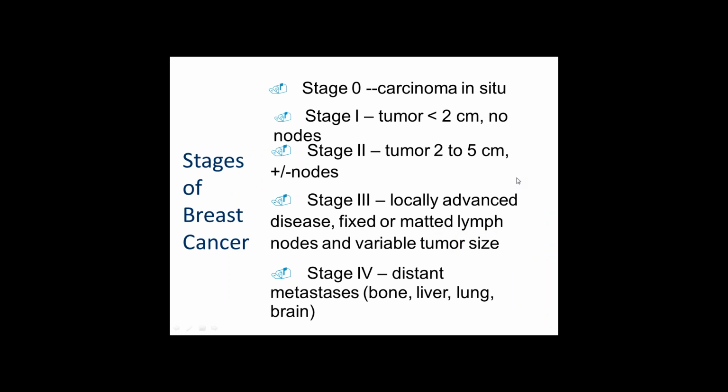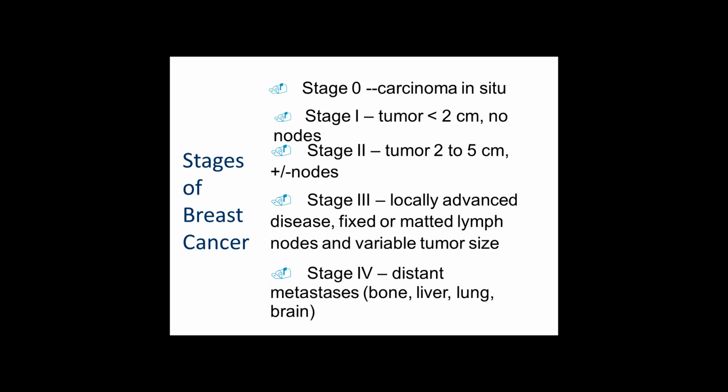We stage breast cancer into 4 stages, 5 stages really, because stage 0 is carcinoma in situ, as I already said, that doesn't spread. Stage 1 breast cancer is generally a tumor that is less than 2 centimeters in greatest dimension and no lymph node involvement. Stage 2 cancers are those that are intermediate size, between 2 and 5 centimeters, or roughly 1 to 2 inches, with or without positive lymph nodes, generally with.